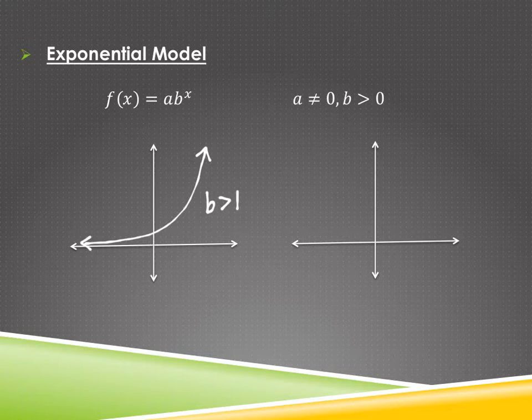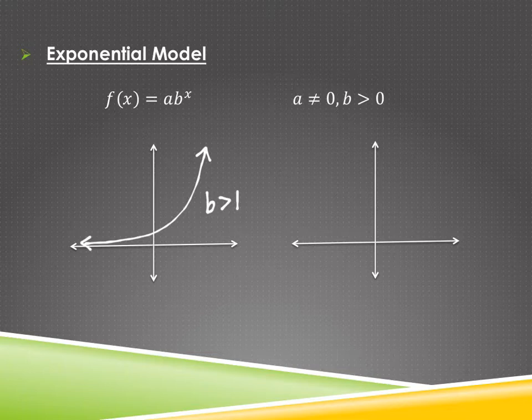So every time you are putting in a number and raising it to a power, and that number b is bigger than 1, so it's 1.2, it's 77, it's 150,462,321, whatever it is, it's going to look like this. Okay? What do I mean by look like this? Well, it's going to taper off to the left and it's going to increase very quickly to the right. That's what I mean by look like this.